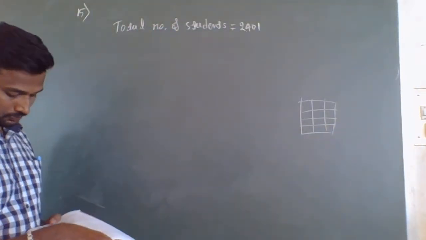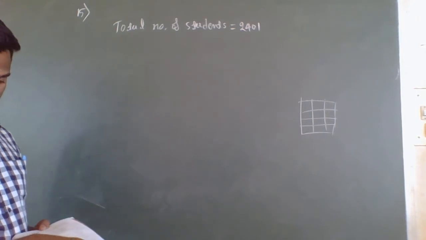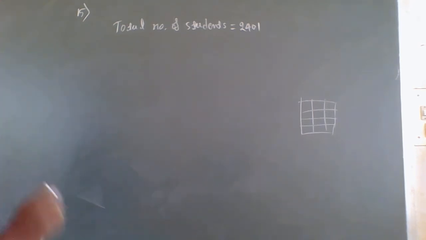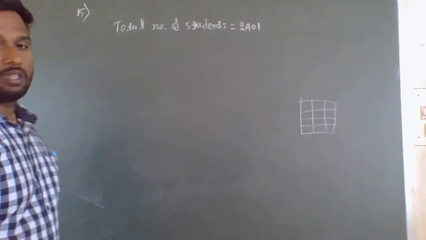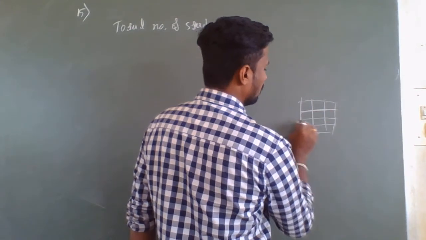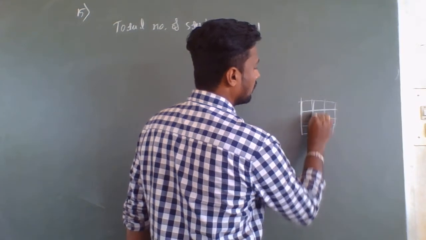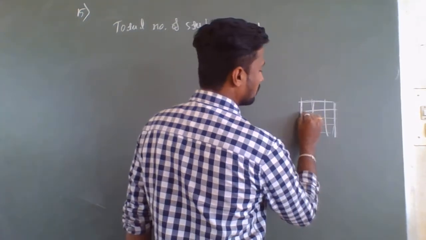Okay. Find the number of rows. So we have to find out the number of rows. For example, you can see here I will consider an equal number of columns and an equal number of rows.